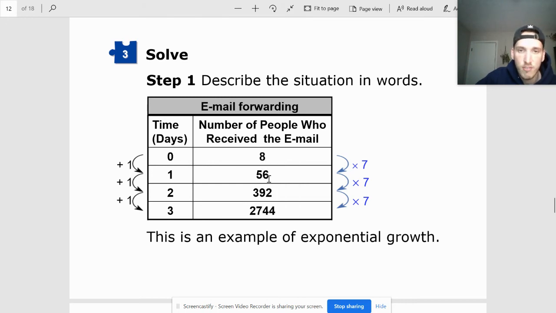The next day, 56 did, then 392, then 2744. It's not being added by the same amount each time. If you start dividing these, you'll see that every time you're multiplying by 7 to get to the next y value. When you're repeatedly multiplying by the same number, that is an example of an exponential function.